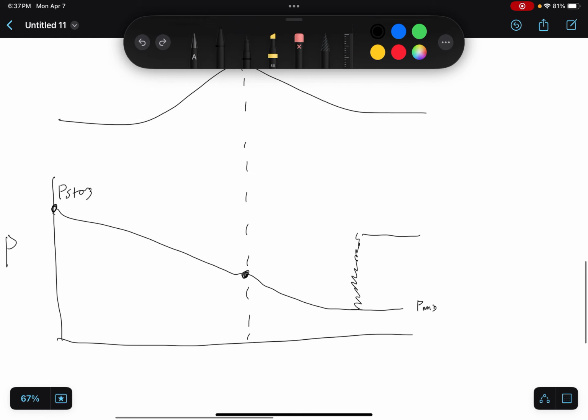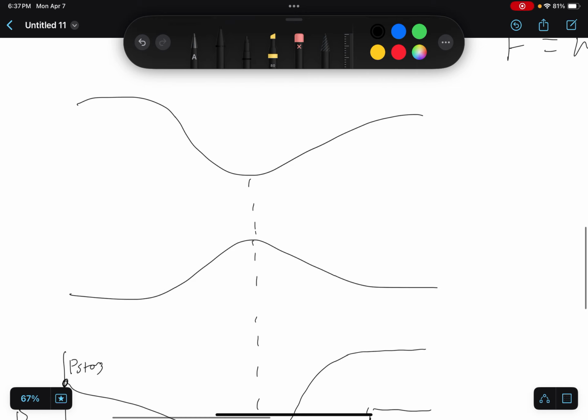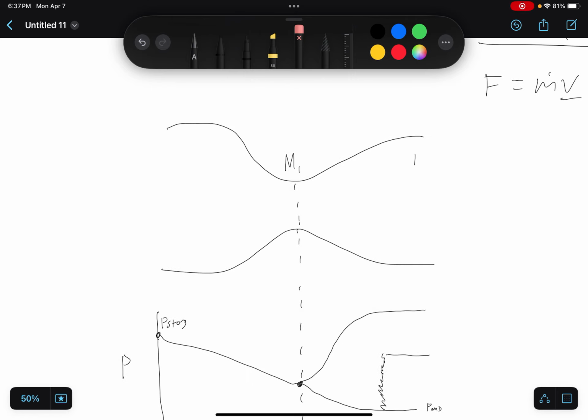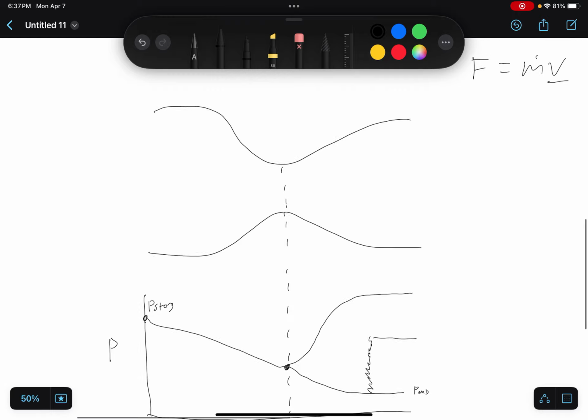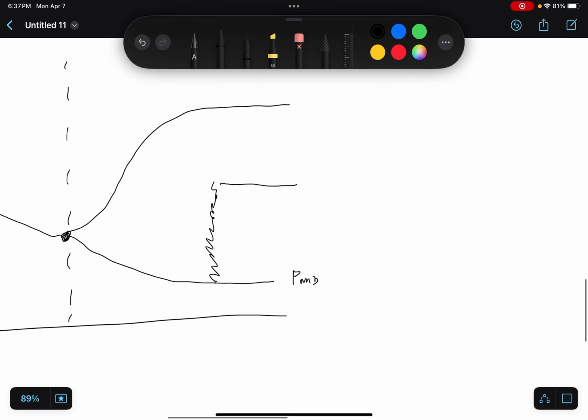And you could also have another case where it just won't go fast. It'll reach Mach 1 at the choke, but then it'll decrease back down to a Mach that's less than 1.